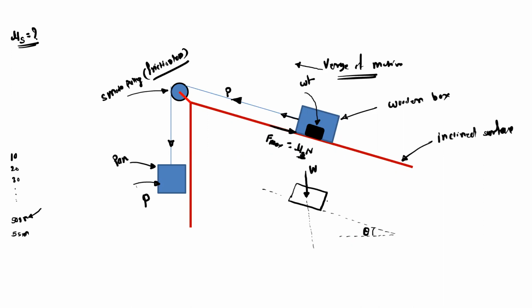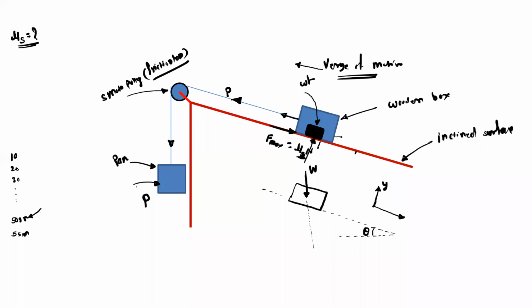Now when we solve problems on inclined surfaces, assume this inclined surface as the x-axis and the perpendicular as the y-axis. The normal reaction that is provided by this surface on this box will be like this.